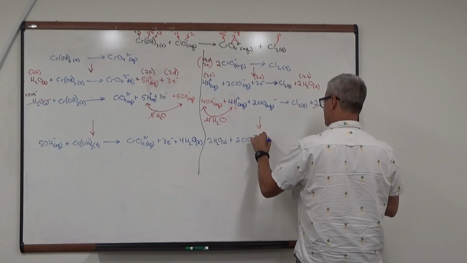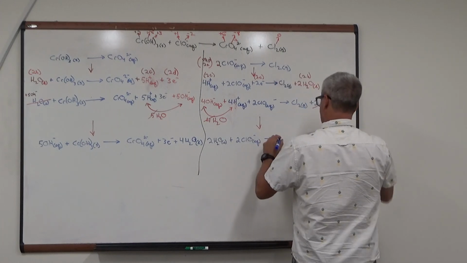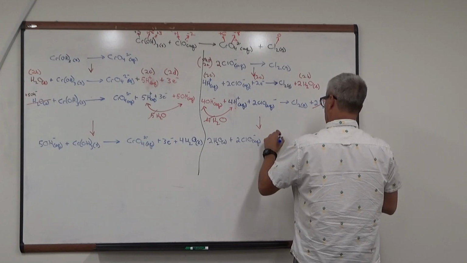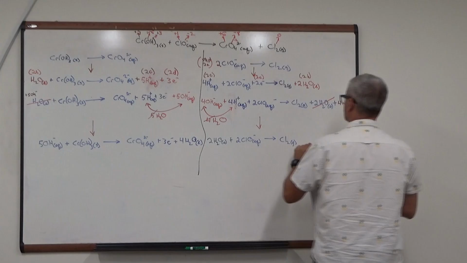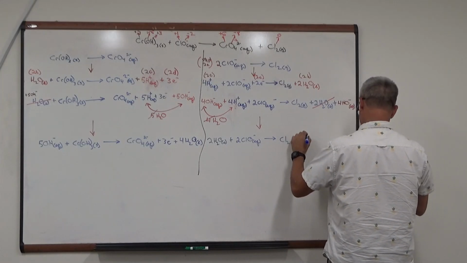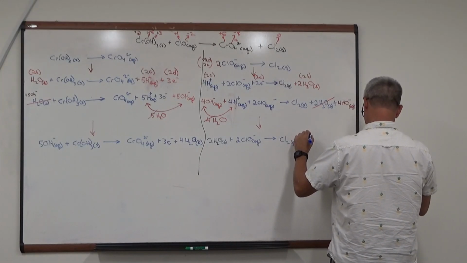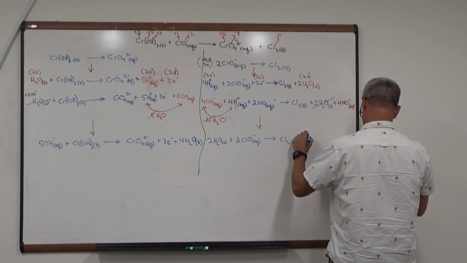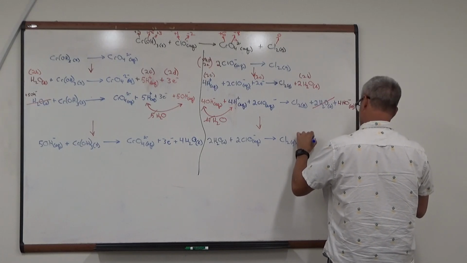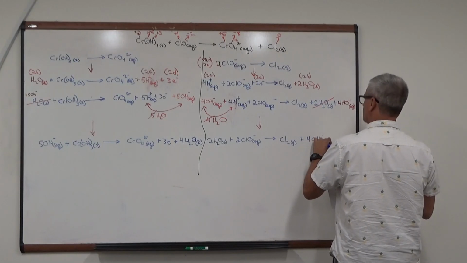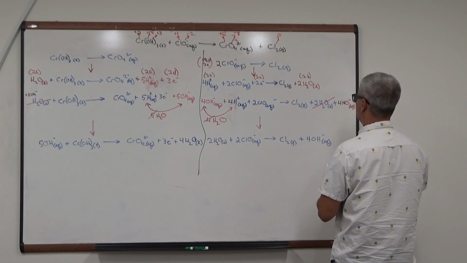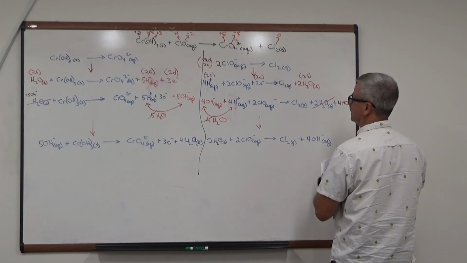Okay. And that goes to chlorine gas, okay, plus 4 hydroxides. Where do my electrons go? How did I lose my electrons? Ah, shoot.